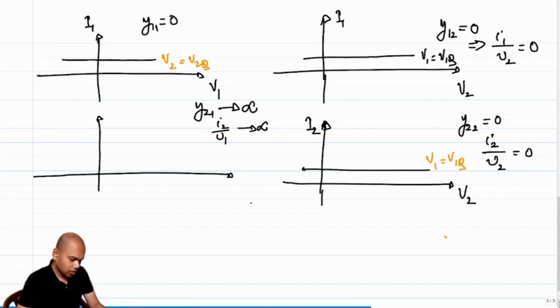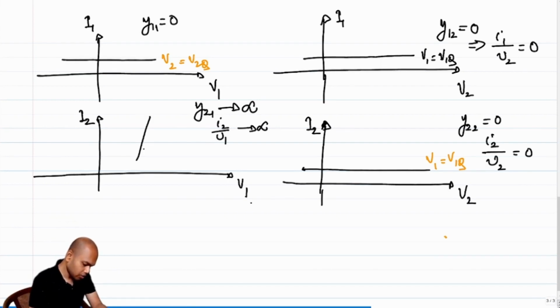So what should I be plotting? I should be plotting I2 with respect to V1. And what does it mean when I say I2 over V1 should be infinity? All it means is that the slope of I2 over V1 should be as high as possible, right?